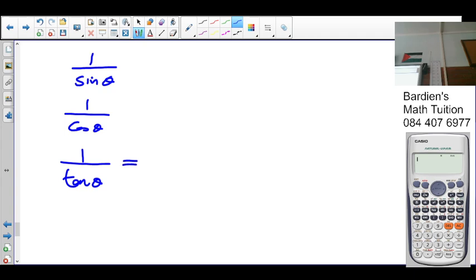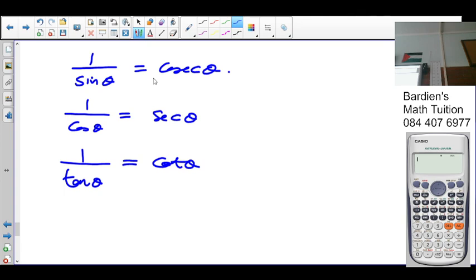And 1 over tan is equal to cot theta. 1 over cos is sec theta, which is secant. Cot is cotangent. Okay, the abbreviation is cot. The secant is sec, and cosec, which is the cosecant.